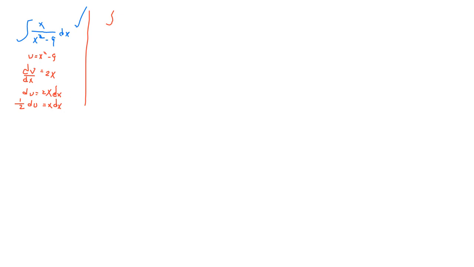So, okay, x dx is 1/2 du. So we have 1 over u times 1/2 du. Okay, so if we call our little integral, well, I mean, this is our integral, right? Then our integral is this.